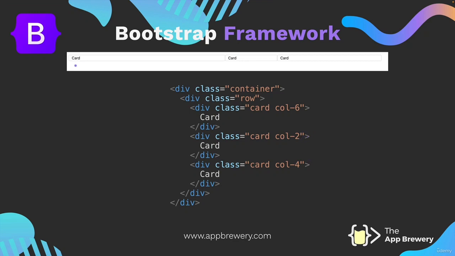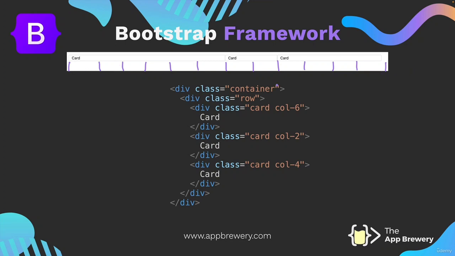Their system is a 12 division system. Let me explain this. If the full width of your website is divided into 12 equal portions, then you have 1, 2, 3, 1, 2, 3, 1, 2, 3. If you count these, you'll find that there are 12 little sections, and they divide up the entire website.